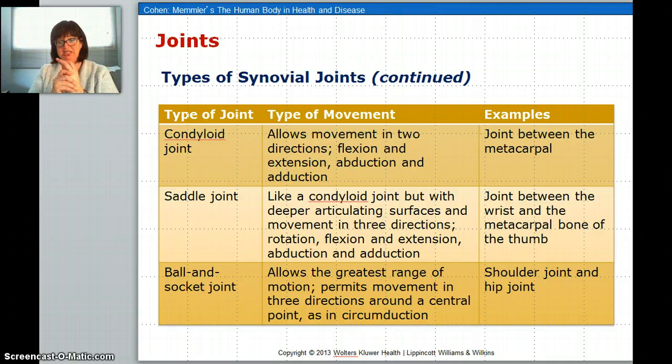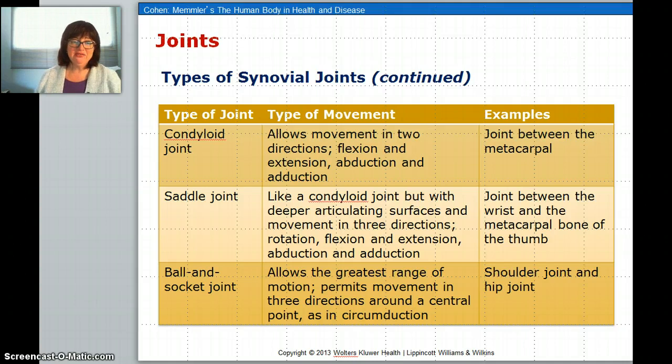A saddle joint is between your thumb and your wrist. It moves pretty much like a saddle. And then you have the ball and socket joint. The more movement you have, the less stable the joint. The hips and shoulders, not very stable, but you have great movement.